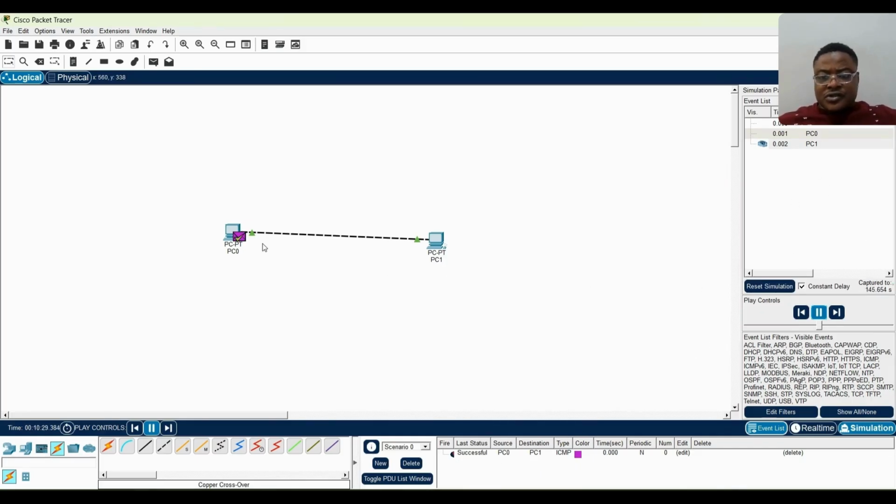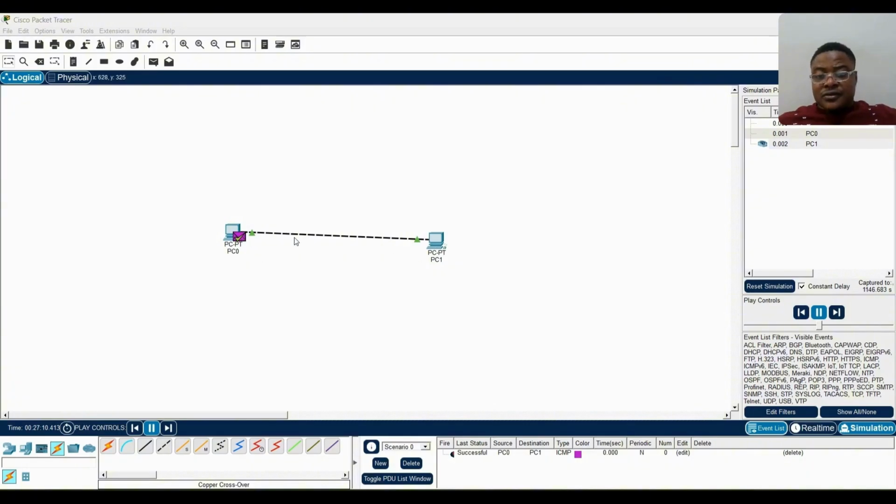It is successful. So this is to show the physical layer and the data link layer, which the data was able to be transferred into frames from here to here, through which I was able to connect PC0 to PC1 using copper crossover, which you can also call the physical layer, because without this physical layer I wouldn't be able to connect PC0 to PC1.